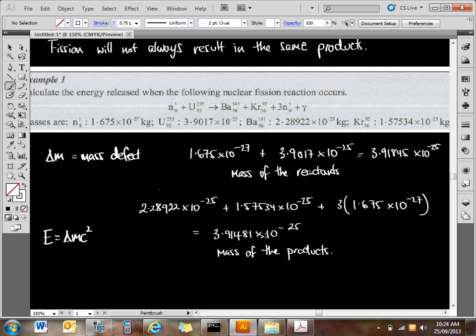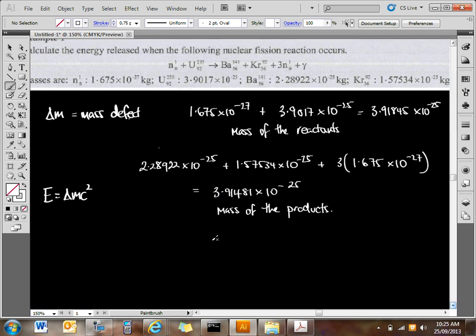Now, look at this number. They both have the same order, 10 to the power of minus 25. 3.91845 is larger than this number here. So I'm going to find delta M, the mass defect.